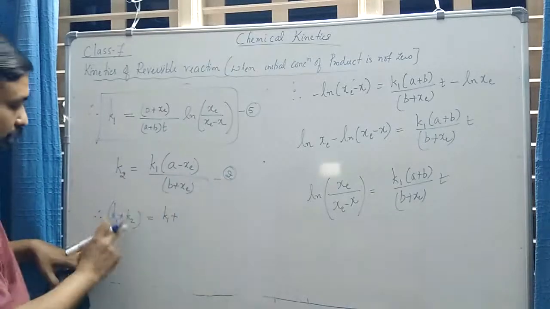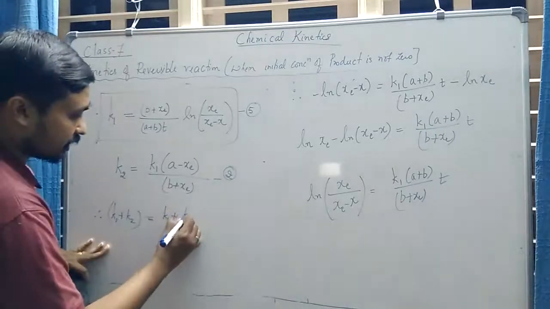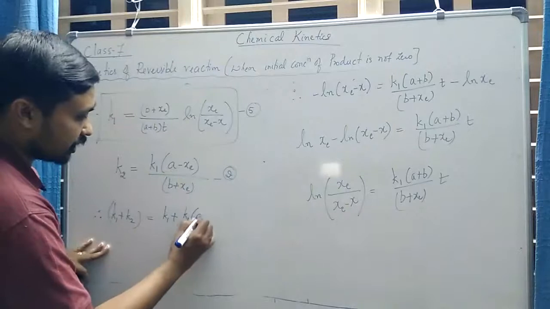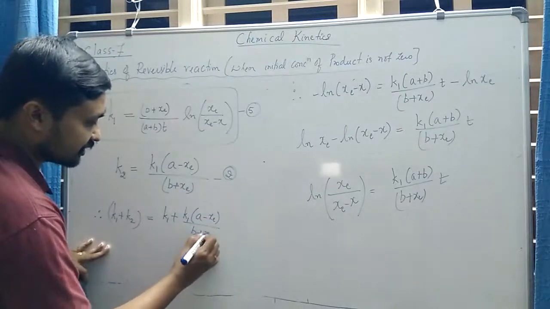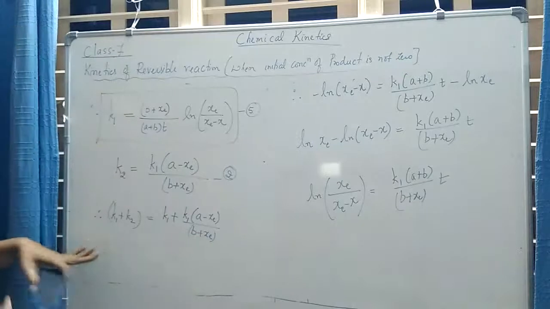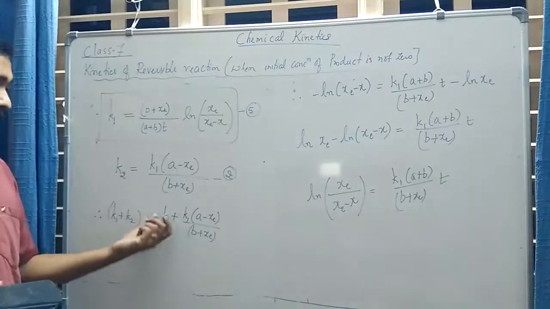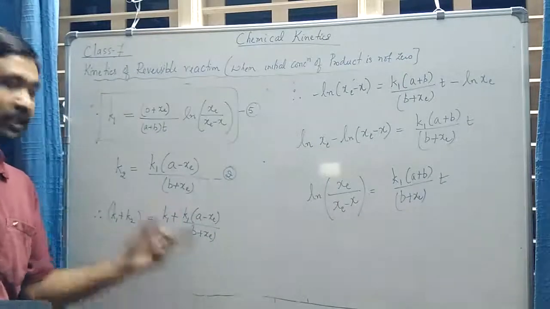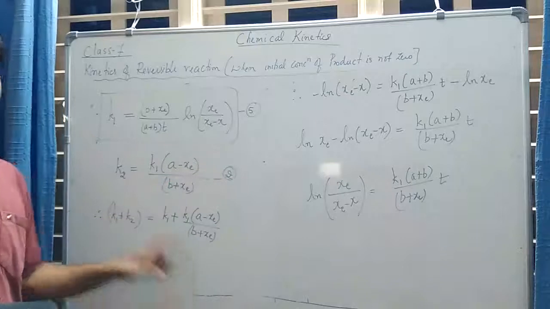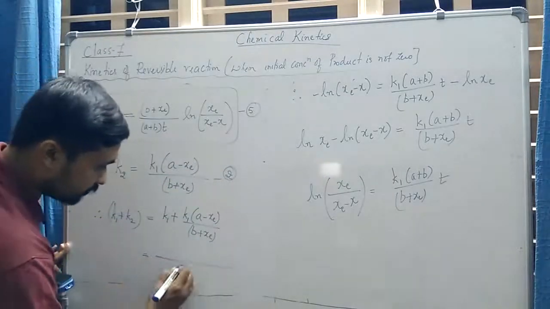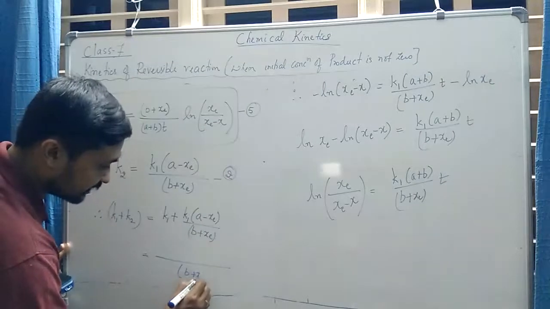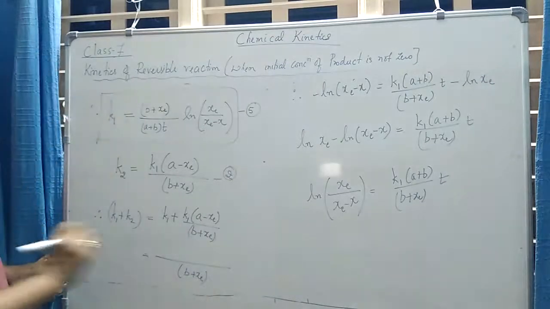Therefore k2 is nothing but k1 into a minus xe divided by b plus xe. So k1 plus k2 is nothing but k1 plus, what is k2? I have written according to equation 2. So k1 plus k2 is equal to, let me take b plus xe as the common denominator.